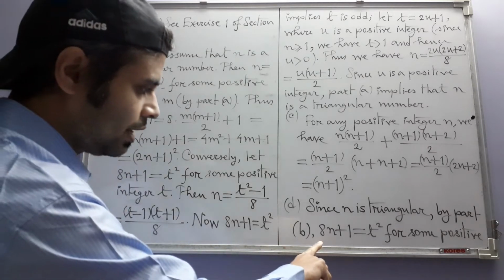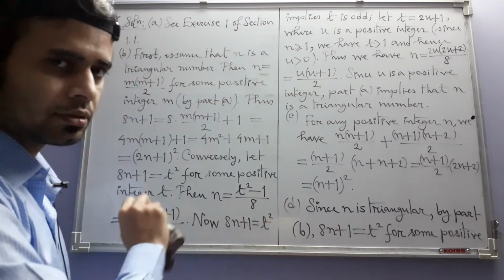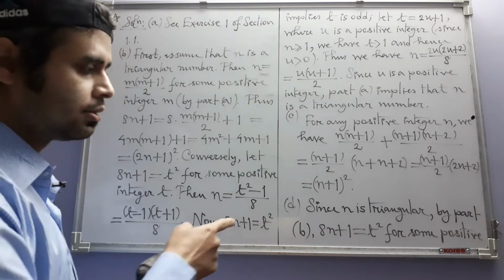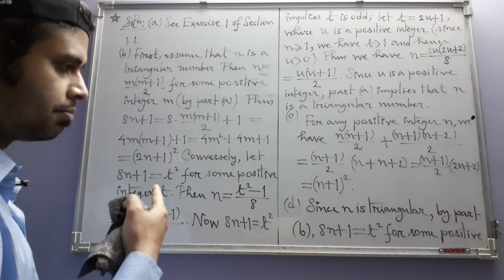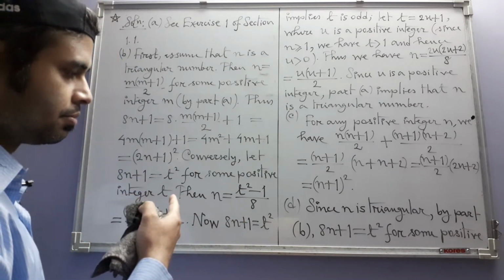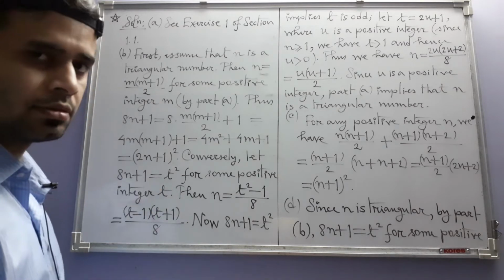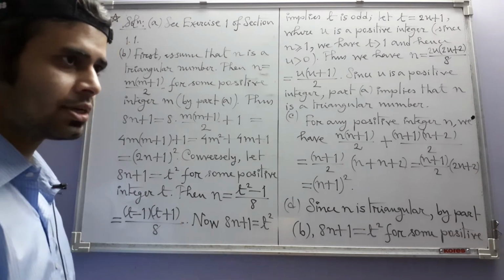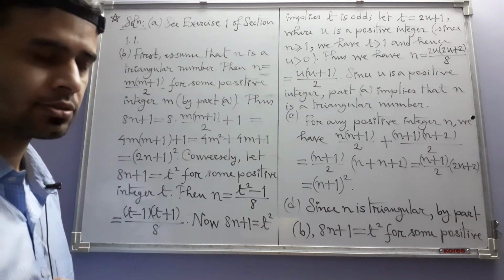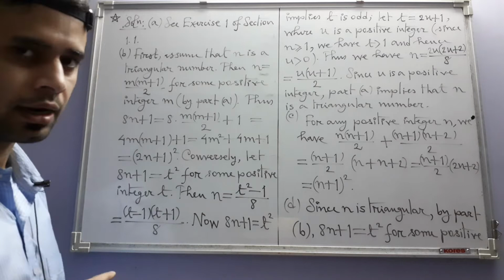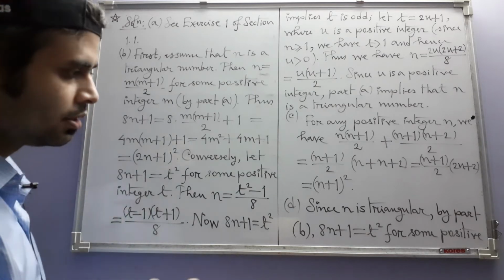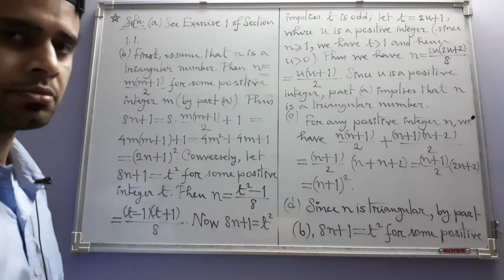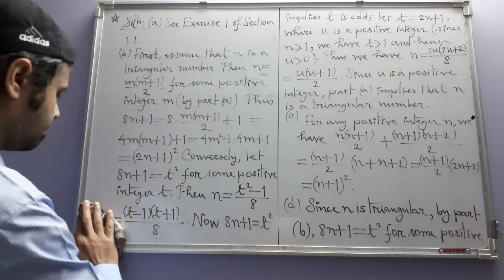So we are using one half of the condition here to write 8n plus 1 as a square. Then when we show that 8 times 9n plus 1 plus 1 is also a square, then we can use the other half, the converse of this, to then conclude that 9n plus 1 is also a triangular number.